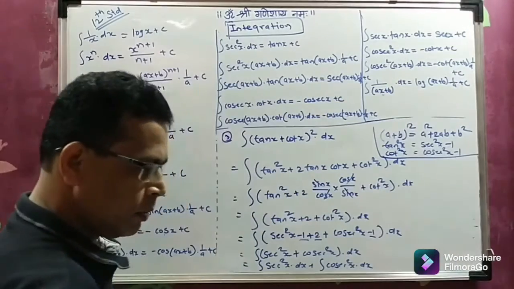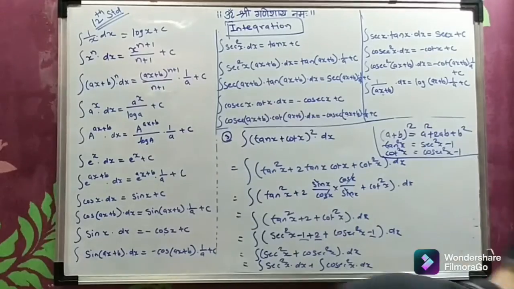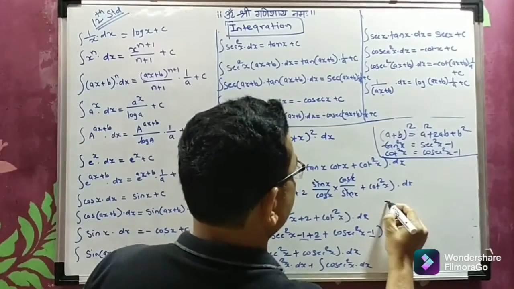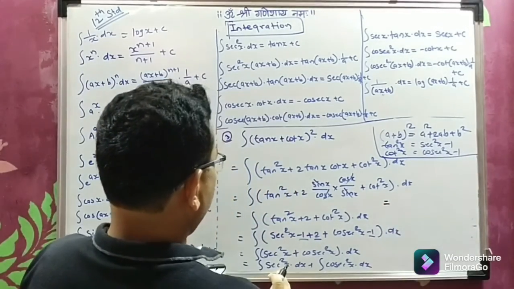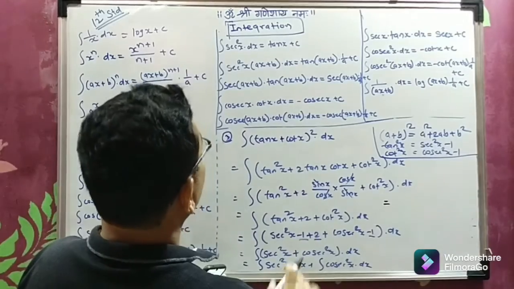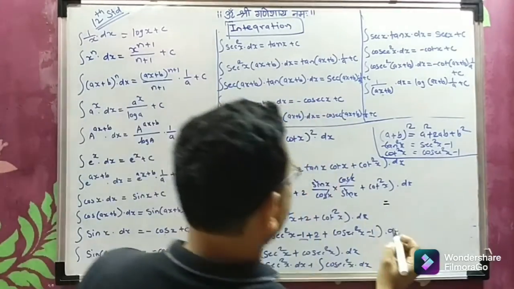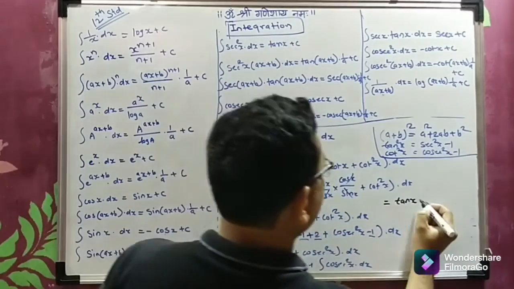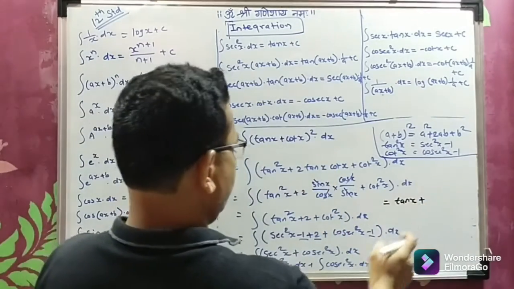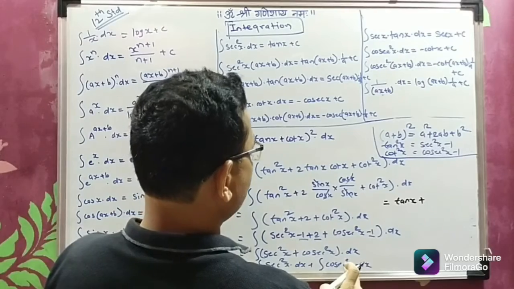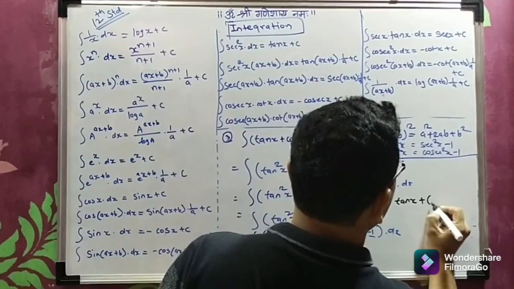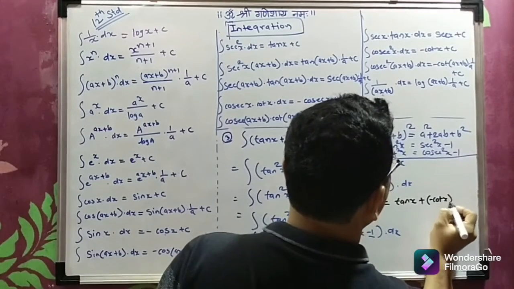So I will write the answer in black letters, because all I have written is in blue color, so there might be some confusion. So the answer will come over here: the integration of sec square x dx is tan x, plus the integration of cosec square x dx, which is minus cot x plus c.